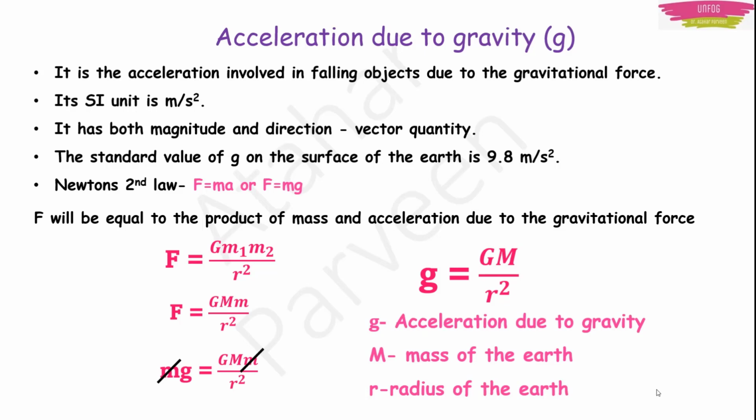If I am talking about earth, then small g is acceleration due to gravity of the earth, capital M is the mass of the earth and r is the radius of the earth. You can use this formula if they ask you to find acceleration due to gravity. So this formula is important because any numerical can be asked based on this formula.